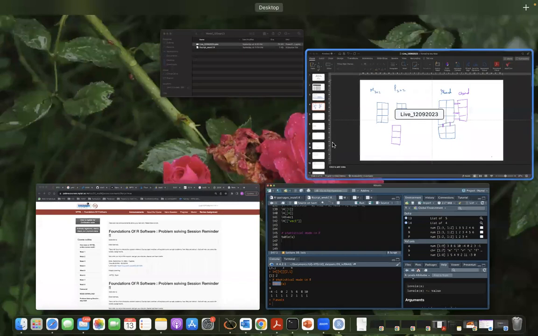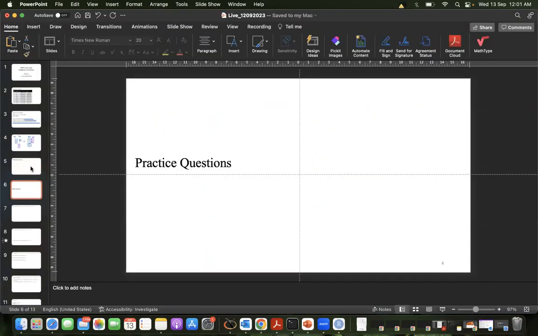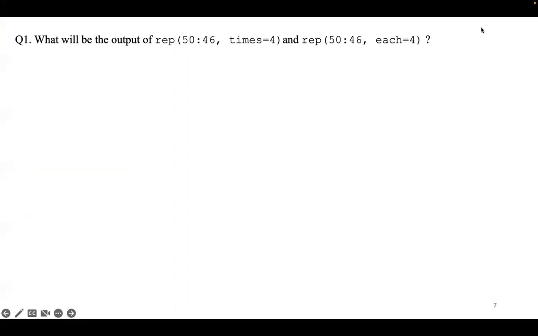So let's take a look at some practice questions. So you know this, right? I think you'll be able to do this. The difference in the output of the rep command when it says times is 4 and each is 4.